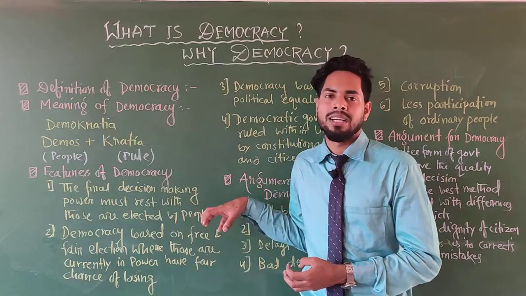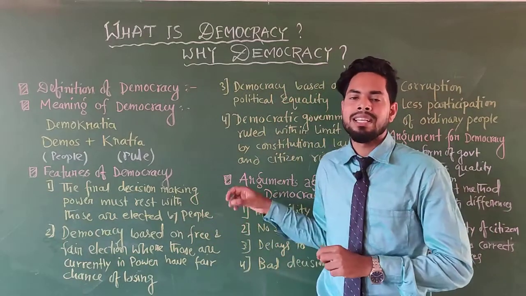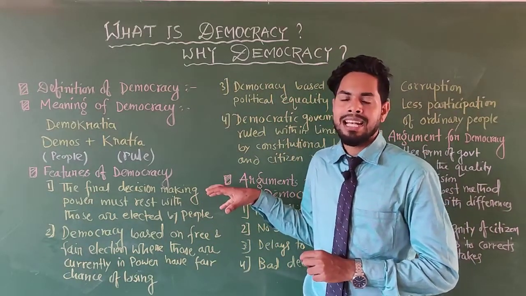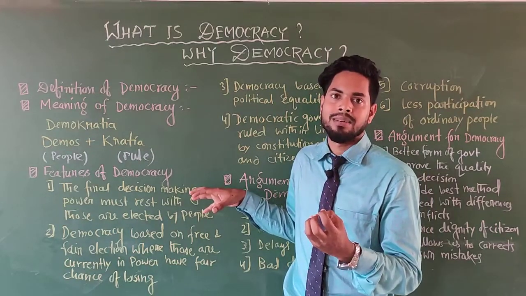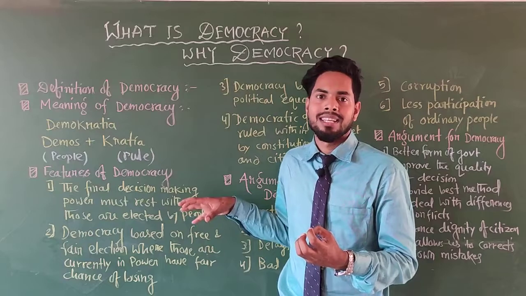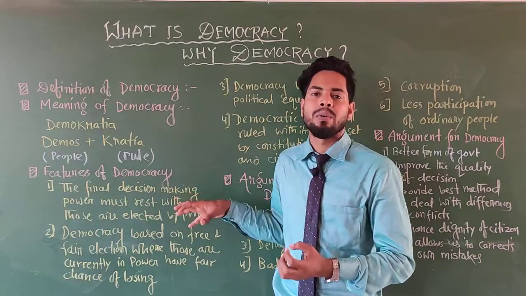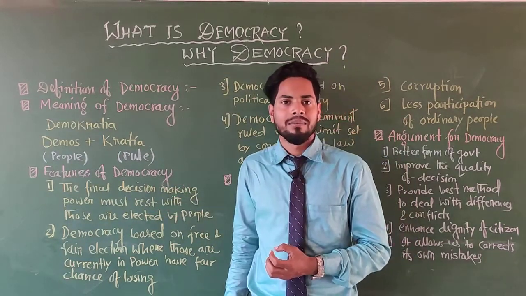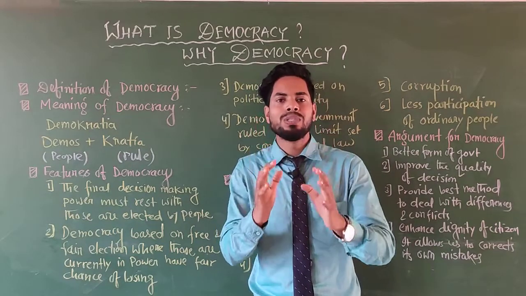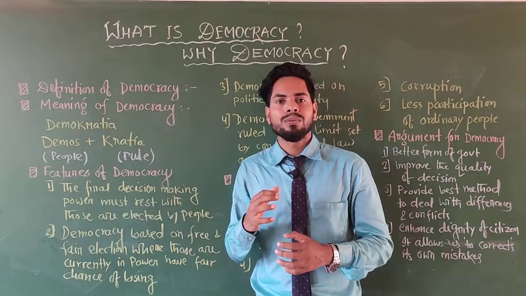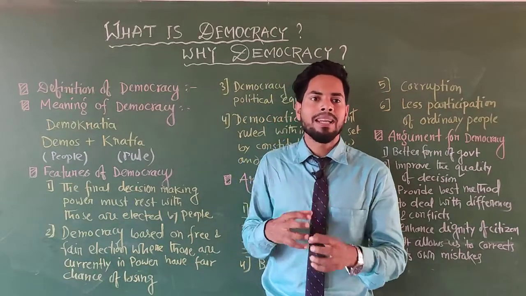So in democratic government, elections must be free and fair, and those currently in power have the fear of losing. Otherwise, they wouldn't work for the people properly. So they have a fair chance of losing the election. That's why they have fear in mind.